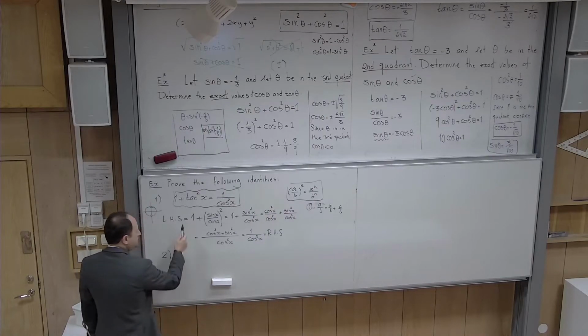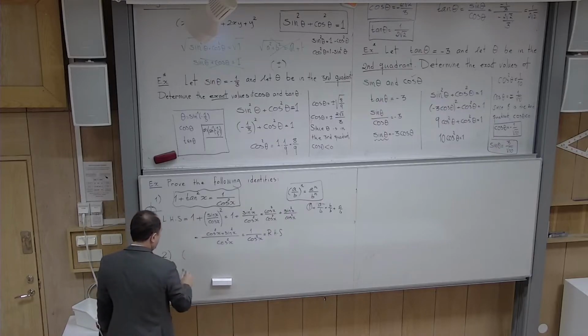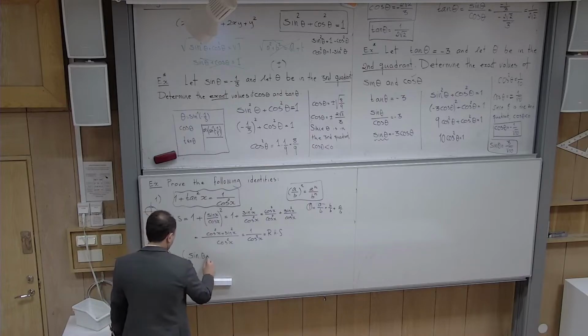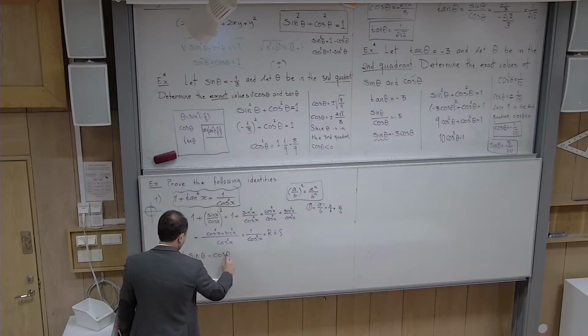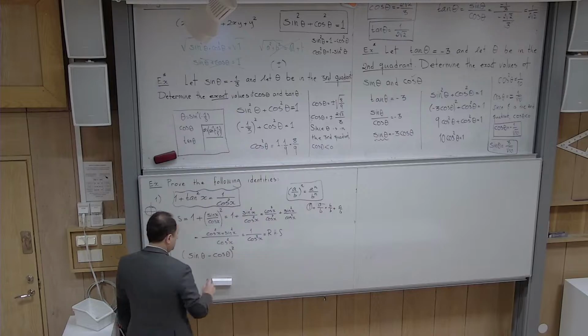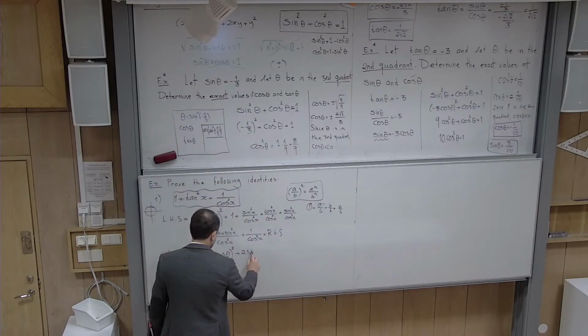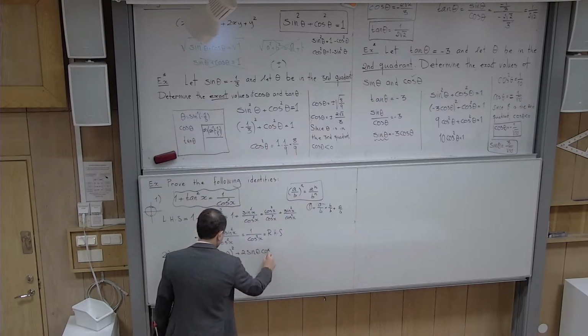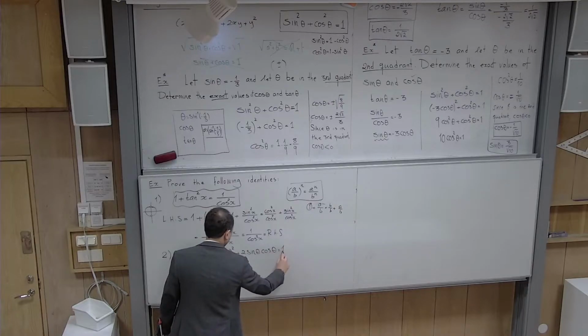This is chosen. This is, by the way, in the book. Let me give you another example from the book. So (sine theta minus cosine theta) squared plus 2 sine theta cosine theta is equal to 1.